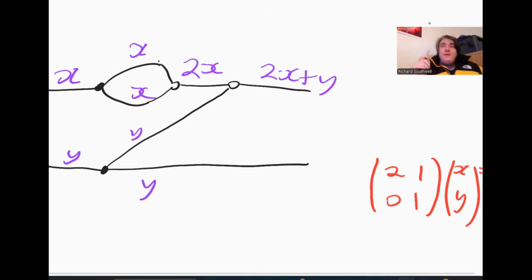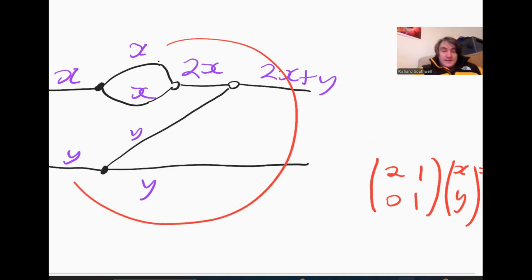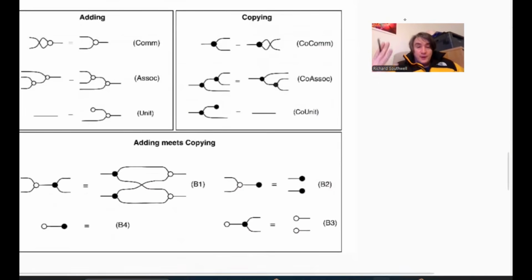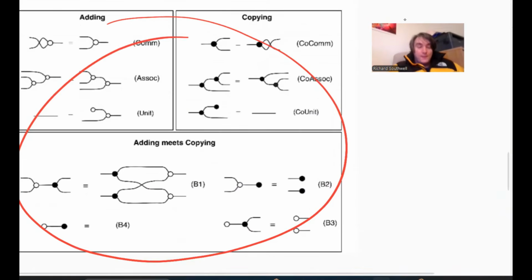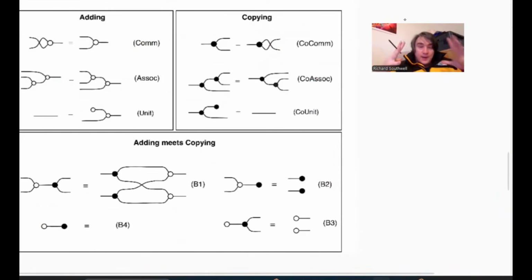So what this basically is, it's a completely graphical way to do the same stuff as we do with arithmetic. Okay, so basically there are certain rules for manipulating pictures like this, certain equations that will hold true, mostly these ones, and we can apply those equations to change our signal flow graphs.